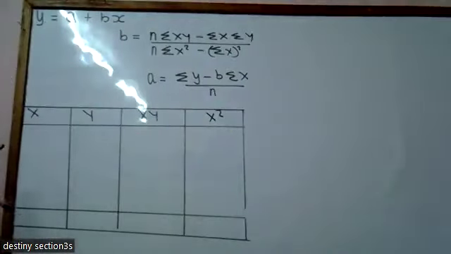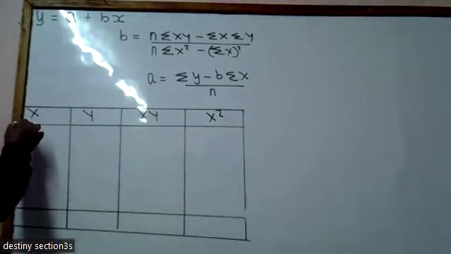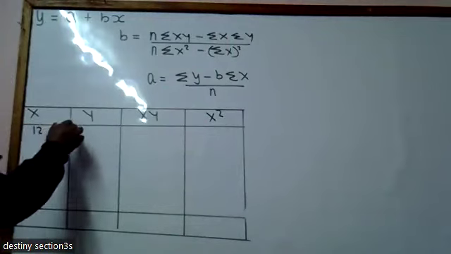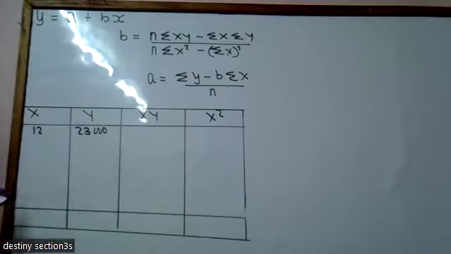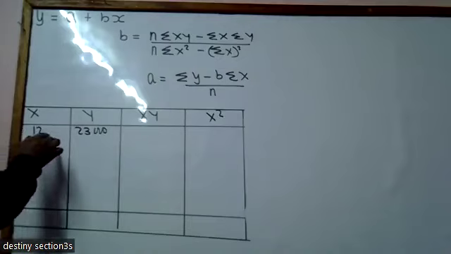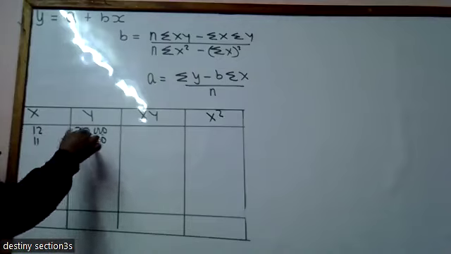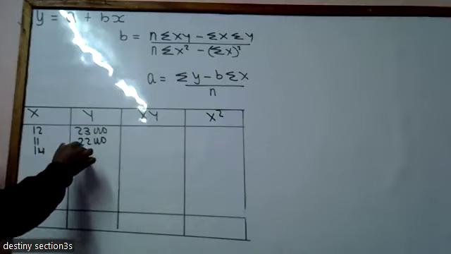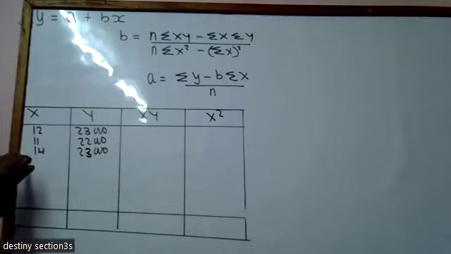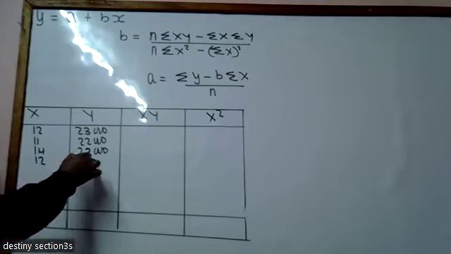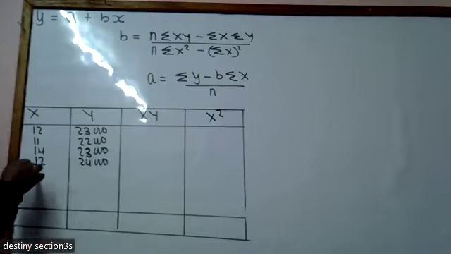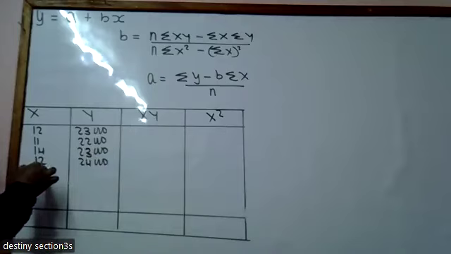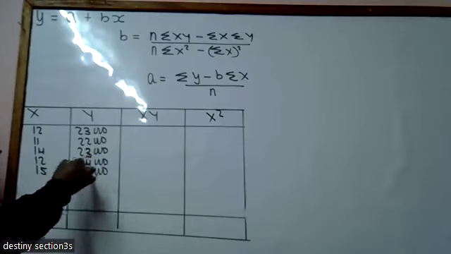The number of sales people will be our x. So we have 12 here, and I told you you should use the values in full. So 12 and 23,000. 11 and 22,000. 14 and 23,000. 12 and 24,000. 15 and 28,000.